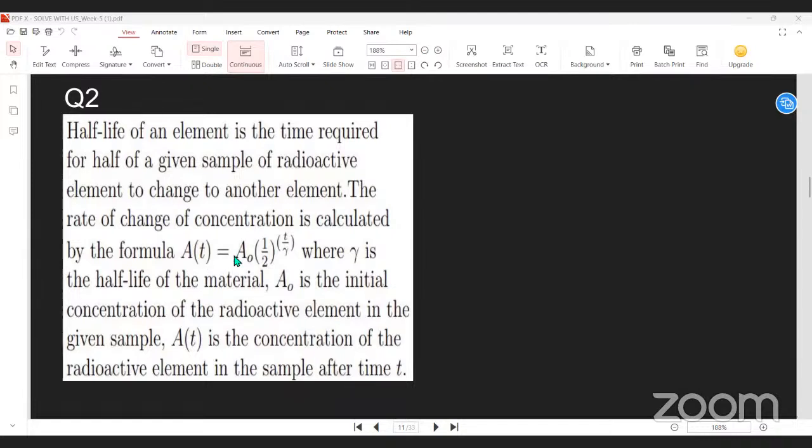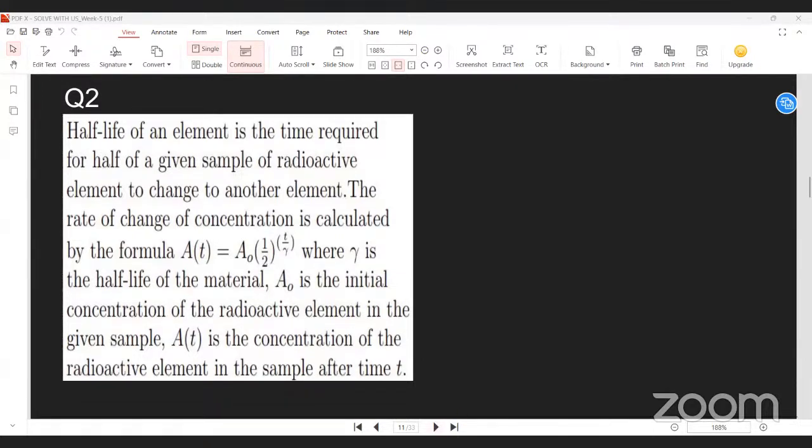So are you able to figure out what is given in the question till now? Yes, sir. So here A naught represents the initial concentration and A of t represents the concentration after time t, provided gamma is the half-life of the material.